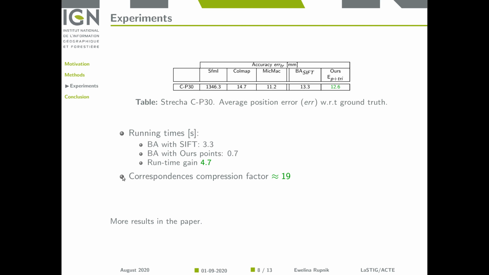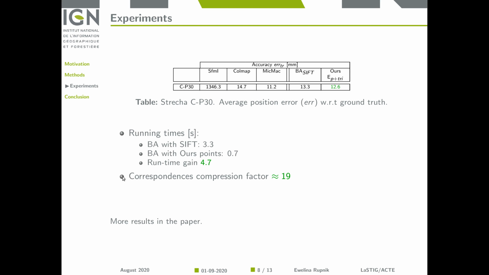The table contains accuracies in millimeters, calculated as the differences between the positions of the resulting perspective centers and their ground truth positions. The initial solution is quite far from the true solution. COLMAP and MICMAC, which implement sequential structure from motion, converge to a 15 mm and 11 mm accuracy, respectively.